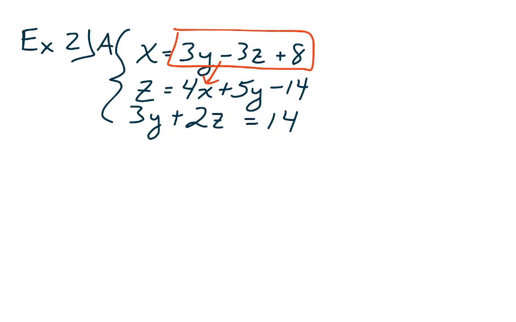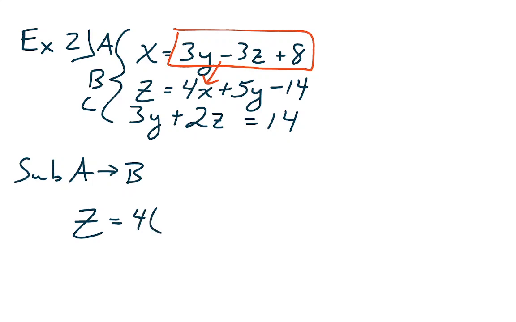So if we call this equation A, B, and C, what's happening right now is we're going to substitute A into B. So that means that I have a z, I have a 4, but I no longer have an x. That's because it's going to become this 3y minus 3z plus 8.